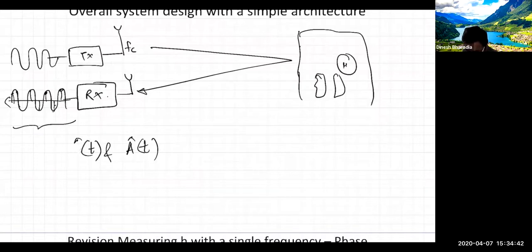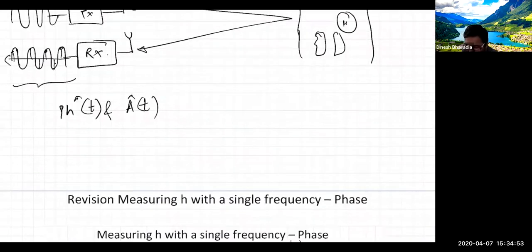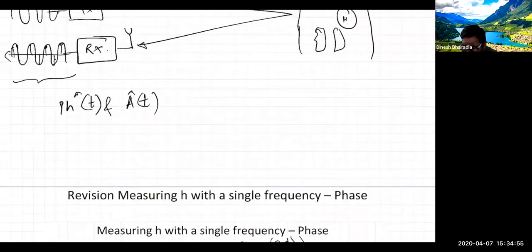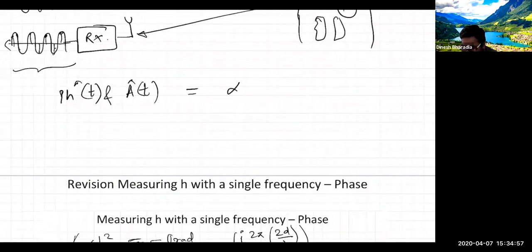Let me just write it as phi, and if I write phi, assume that's the phi hat. And what we discussed last time is the following: this is basically getting your alpha, h squared, the phase and amplitude for the same thing.